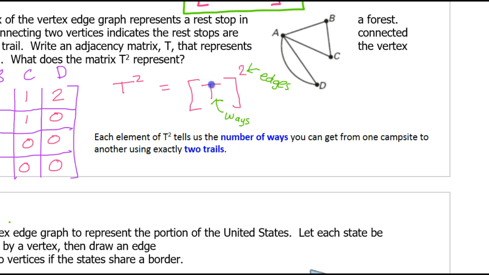The elements of the matrix are the number of ways, and the exponent is the number of edges. That's why I'm saying each element of T squared tells us the number of ways you can get from one campsite to another using exactly 2 trails. Instead of saying 2 edges, I'm saying 2 trails because that's what the problem is about. But that's the idea.